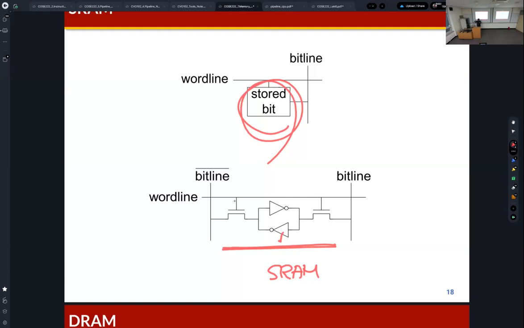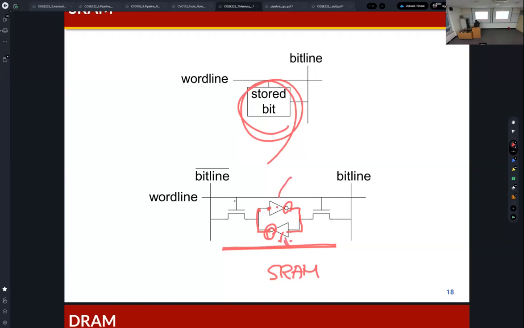Two inverters are connected to each other: the input of this inverter is connected to the output of this inverter, and the output of this inverter is connected to the input of this inverter.